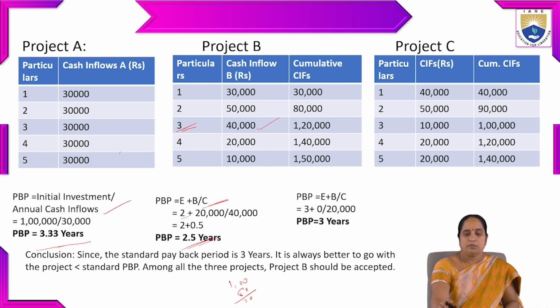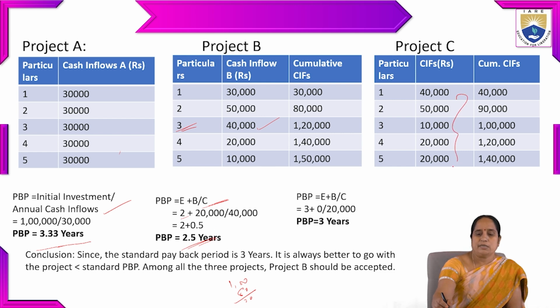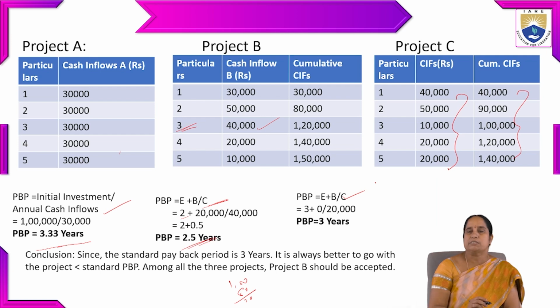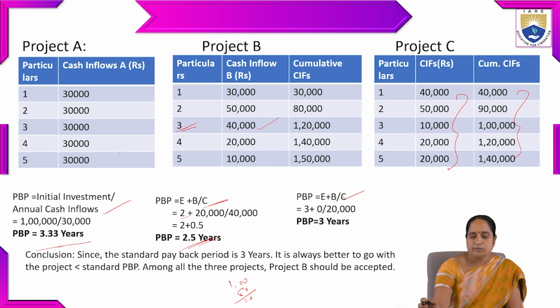And coming to the third project, project C, here also uneven cash flows. So find out the cumulative cash inflows, compare and apply the formula PBP is equal to E plus B by C. In this problem, by the third year the company can recover its initial investment. 3 plus leftover balance 0 by 20,000.